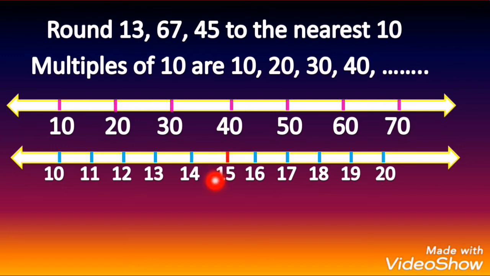15 is the middle number as it is exactly on the midpoint. Now 13 is very close to 10. You have to take how many steps from 10 to 13? 1, 2, 3. So you need to take 3 steps to move from 10 to 13. Whereas from 13 if you move towards the right side, you need to take how many steps? 1, 2, 3, 4, 5, 6, 7.